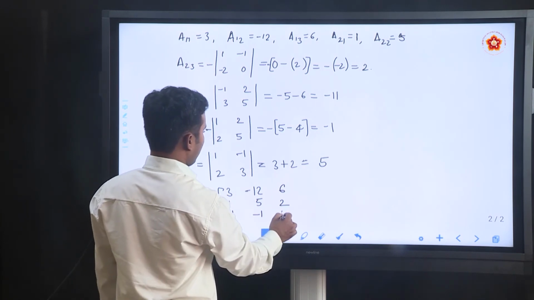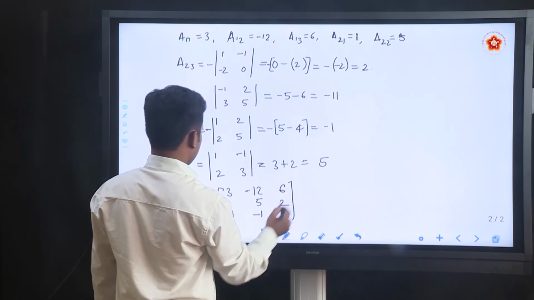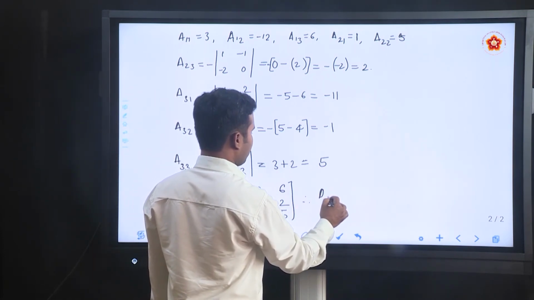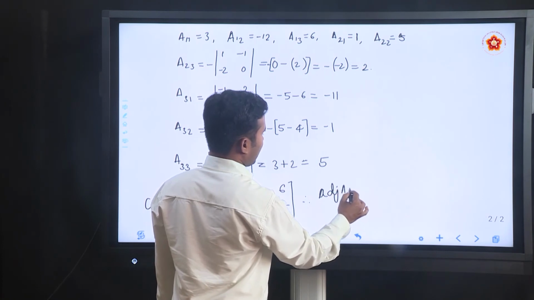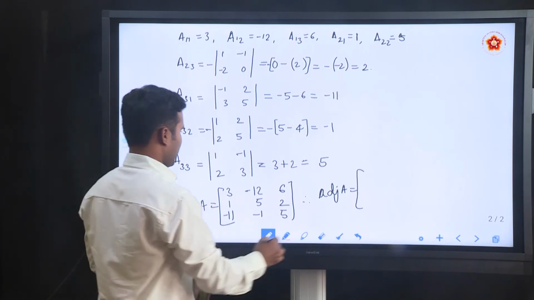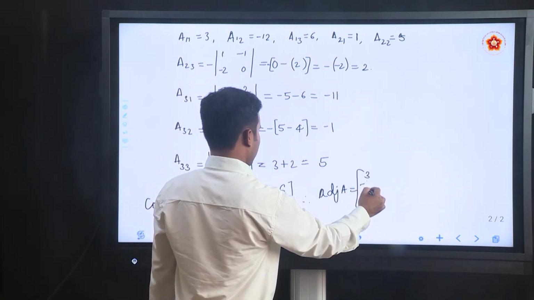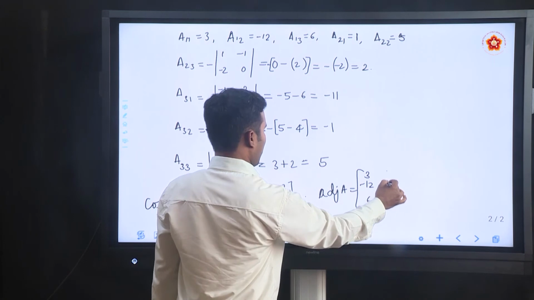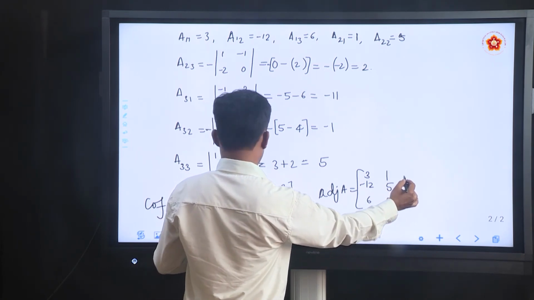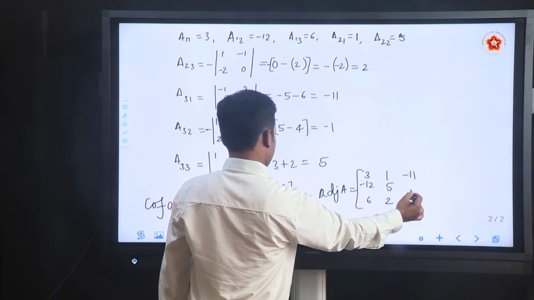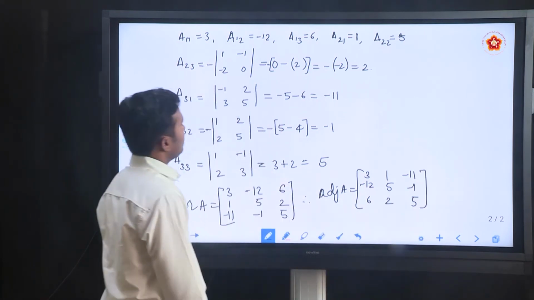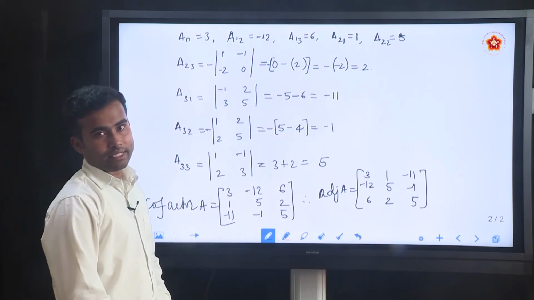Next, A33 5. So this is the cofactor matrix. Now I can write the adjoint matrix. Adjoint of A can be written as, you take the transpose of this: 3, minus 12, 6, 1, 5, 2, and here minus 11, minus 1, 5. So this is the adjoint of matrix A.